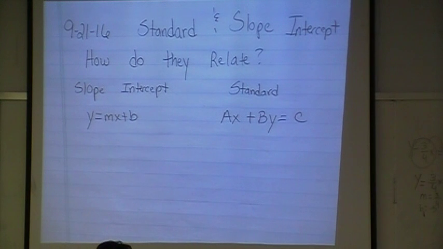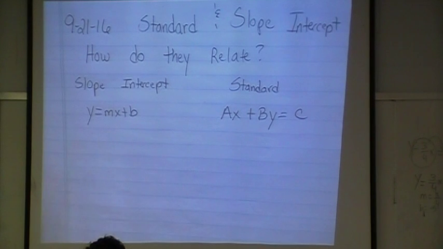Standard form is Ax plus By equals C. The A, B, and C are capitalized because technically they're going to be numbers. You will have an x, you will have a y. Same thing over here. You always have two variables. You have an x and a y.